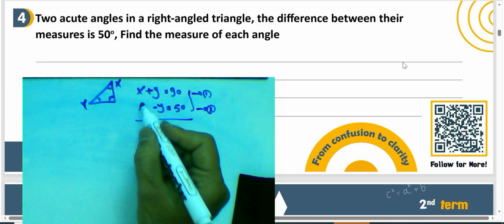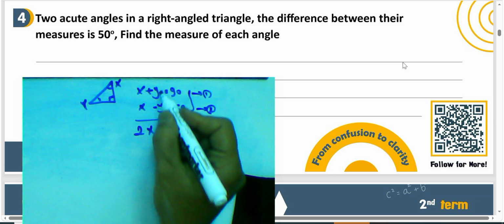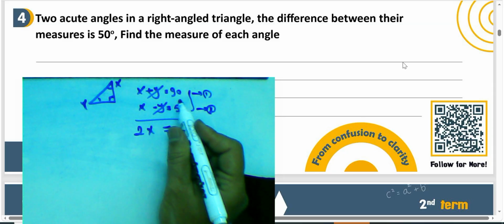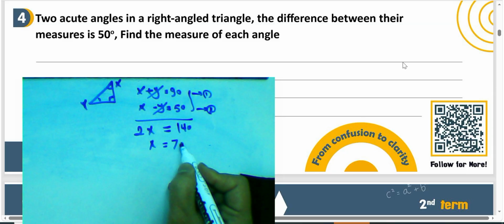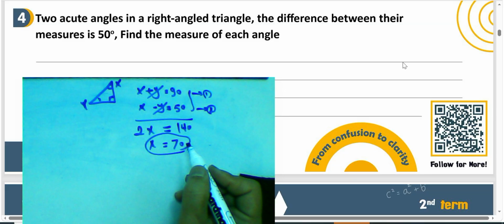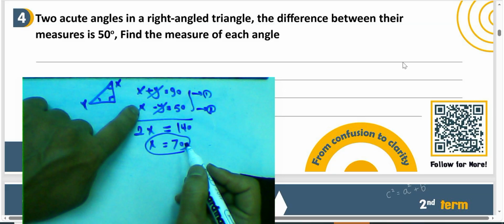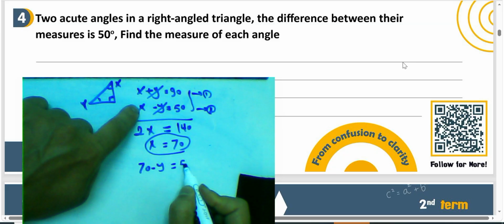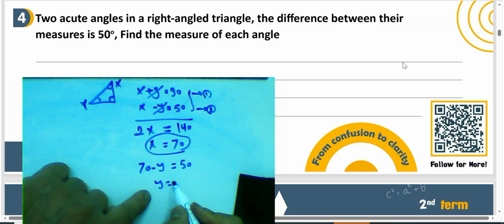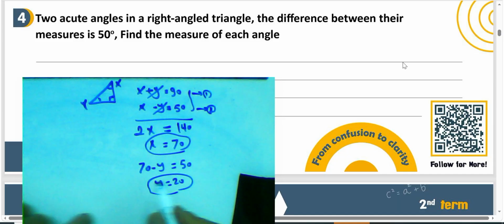Okay, you can collect relation number 1 and relation number 2 together. Then x plus x equals 2x, and negative y and y make 0. 90 plus 50 is 140. You can divide it by 2. The result of x will be 70. So you can put the value of x here in this equation. Then 70 minus y is 50. So the value of y will be 20.